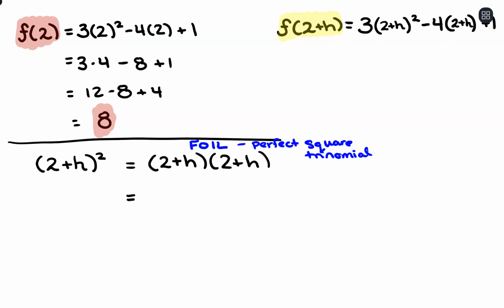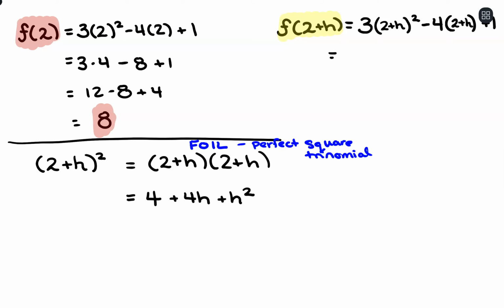So multiply first, 2 times 2 is 4. Outer and inner, so we're going to have 2h plus 2h, so we're going to have a plus 4h. And then last, h times h is h squared.